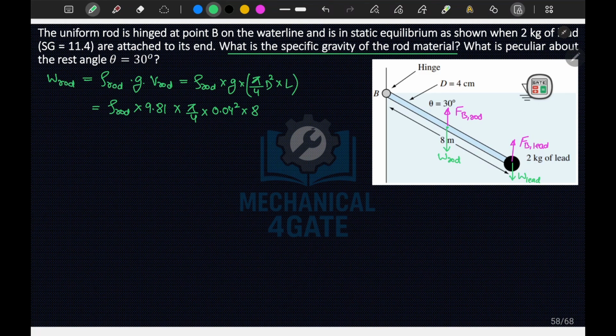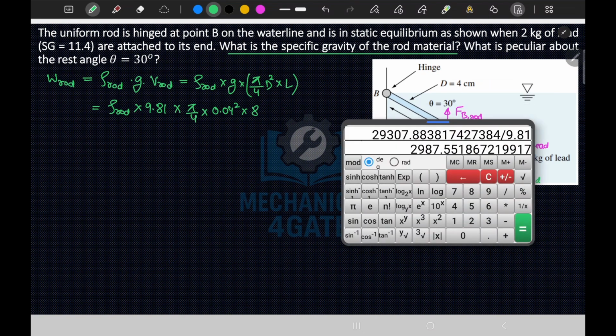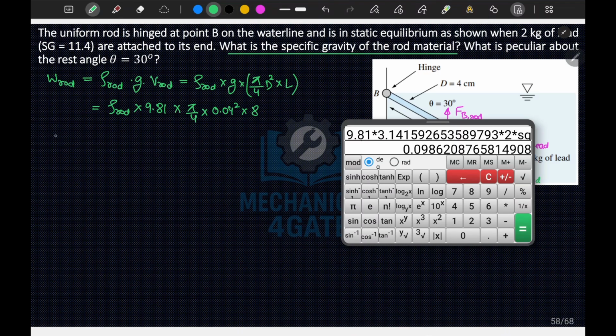Okay, so if I solve this, 9.81 into pi into 2 into 0.04 square. Okay, so your weight of rod is equal to 0.0986 times density of rod.